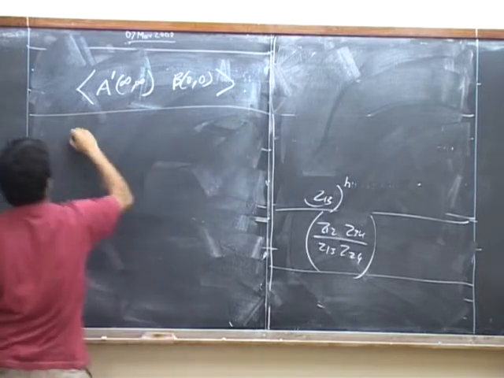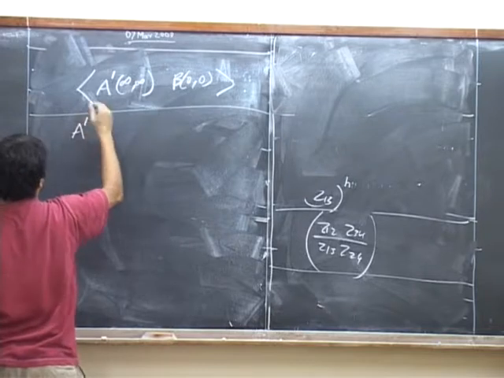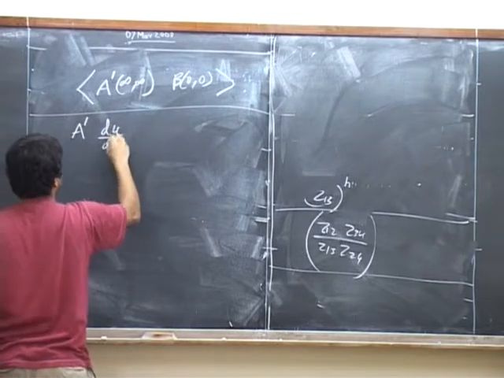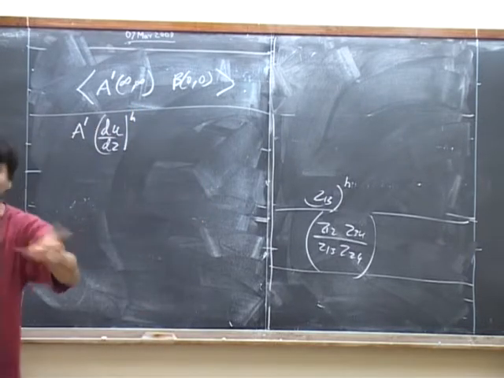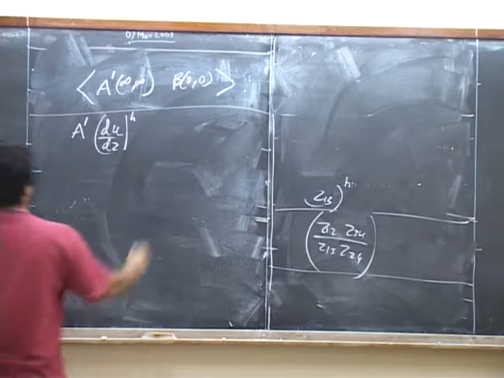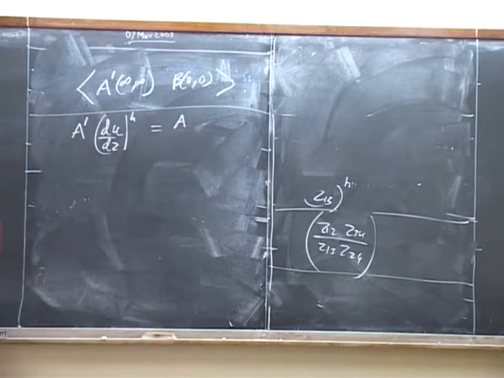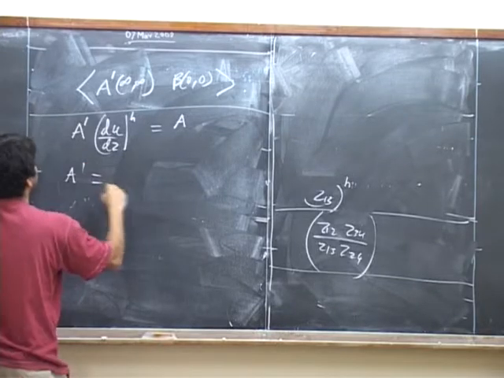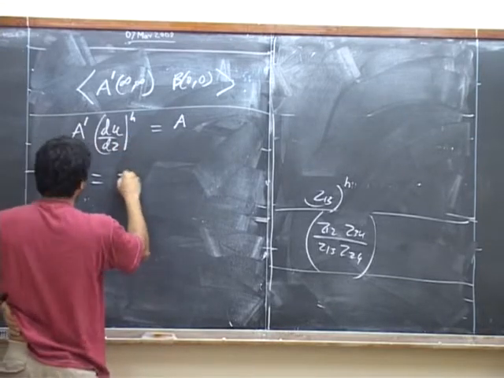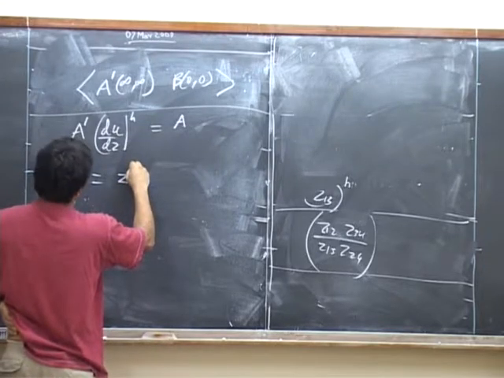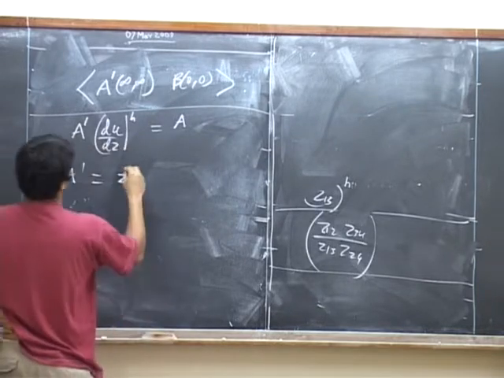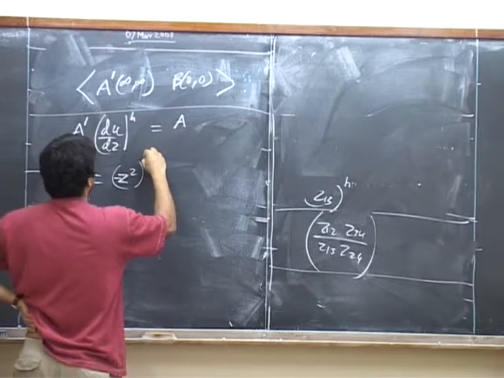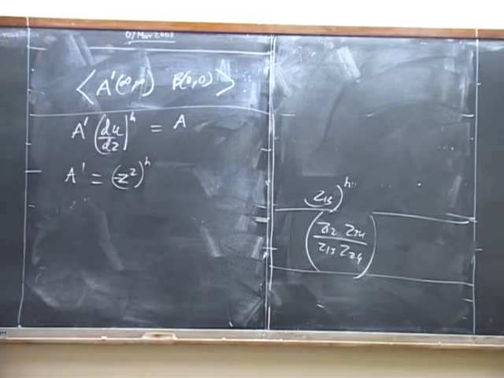Okay, remember that A prime times du by dz to the power h, and a similar thing for anti-analytic, which I'm just not writing but is always there, is equal to A. So A prime is equal to, u is 1 by z, so it's 1 by z squared, minus z squared to the power h, times A infinity.